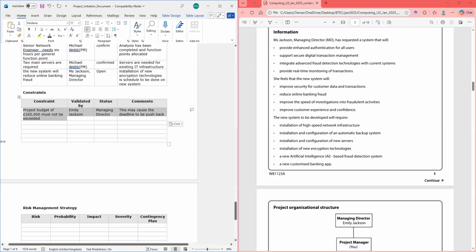Project budget must not exceed 265,000. All right. Validated by Emily Jackson. And the status again would be open.